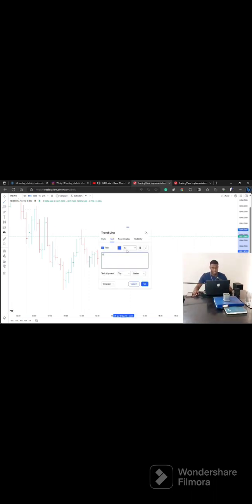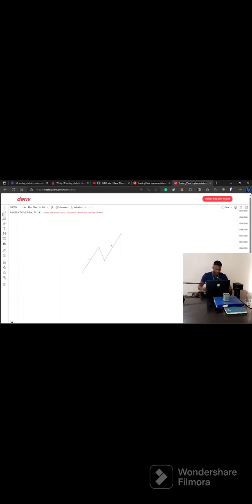So I'm just gonna mark that up for you guys, right? Higher, higher low, and then price made a higher high. An uptrend, guys, is when price moves from point A, as we know it, to point B, guys.